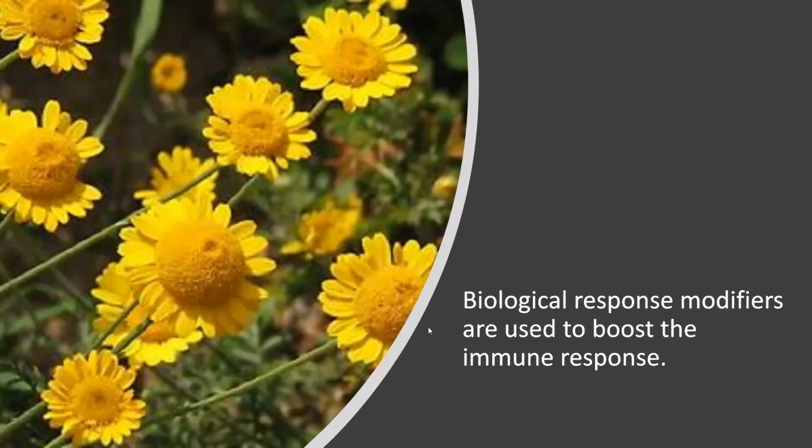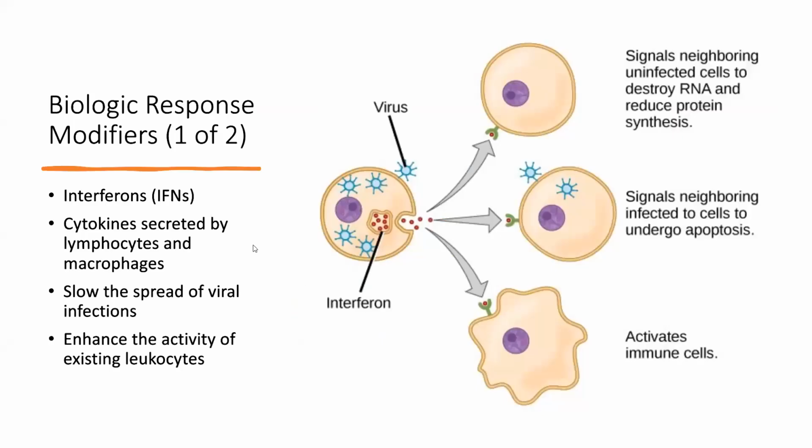Then we have some biological response modifiers, which are used to boost the immune response. They are like interferons. Interferons release signals enabling the uninfected cells to destroy RNA and reduce protein synthesis. This signals the neighboring infected cells to undergo apoptosis, that is cell death, and activates the immune cells.